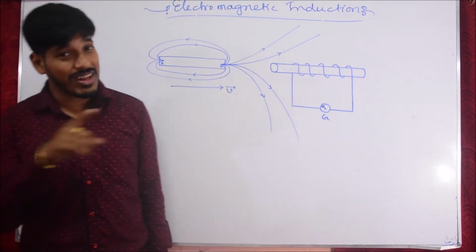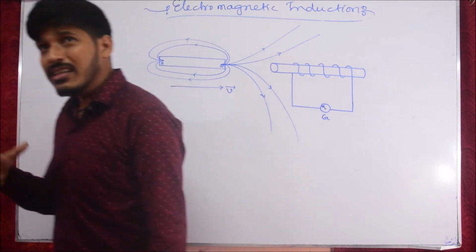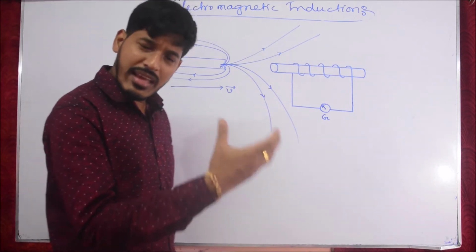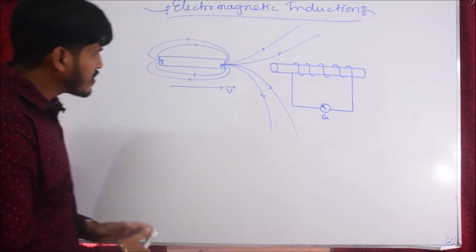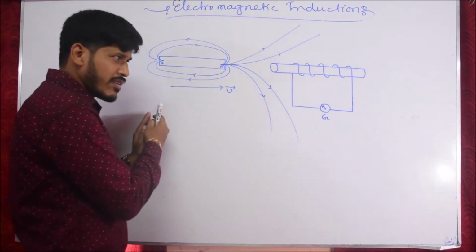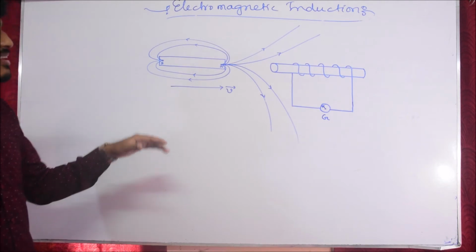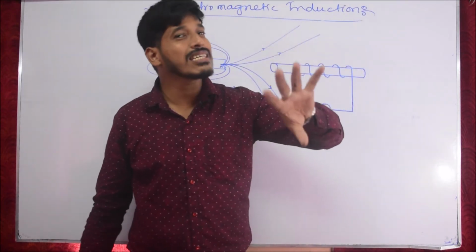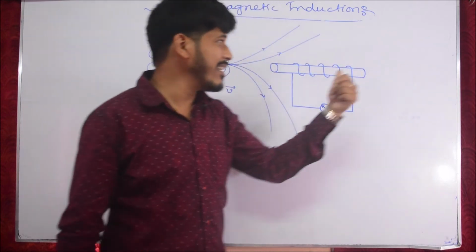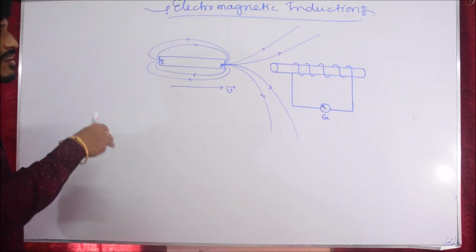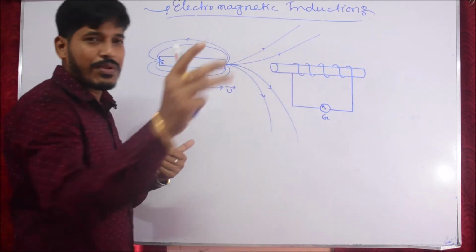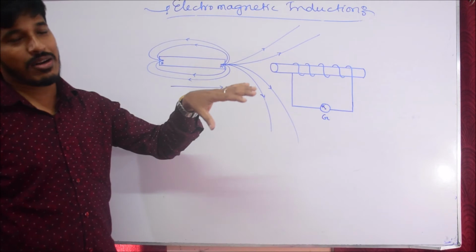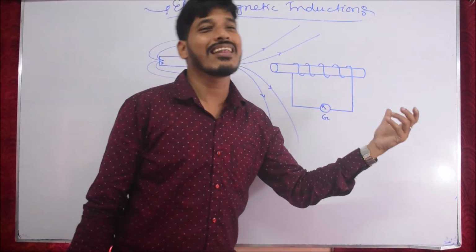I repeat it again, try to understand. Electromagnetic induction is the phenomenon of production of induced EMF and hence induced current in a coil or conductor, whenever there is any change in magnetic flux linked with the coil or conductor.